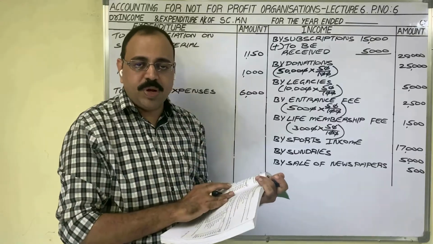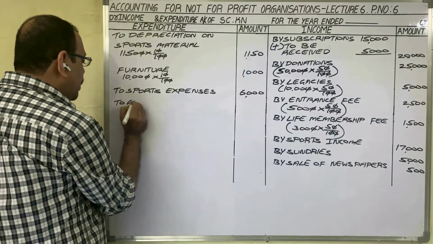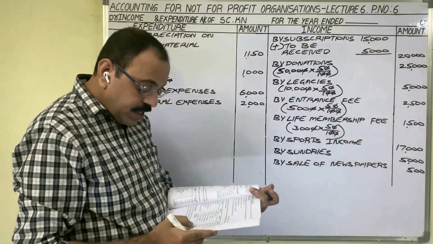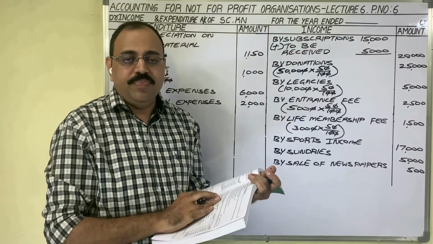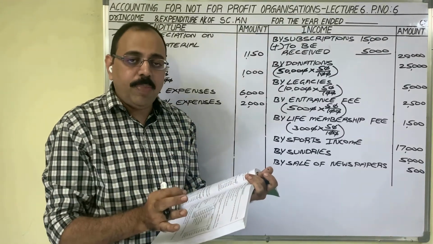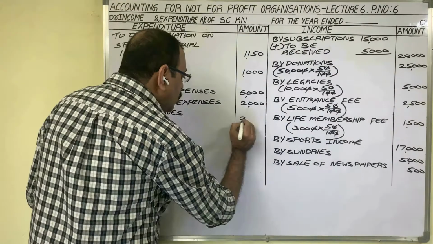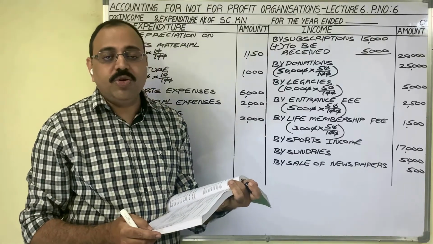Regularly we pay these expenses. So debit side to general expenses 2,000 rupees. Next, magazines 2,000. So magazines regularly we buy. Therefore it is a revenue payment, debit side. To magazines 2,000 rupees. Last one, balance carried down 4,000 rupees.